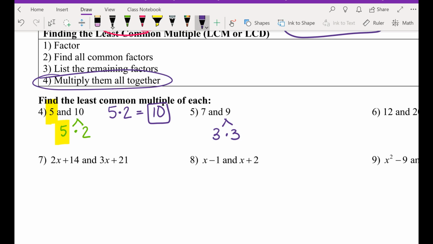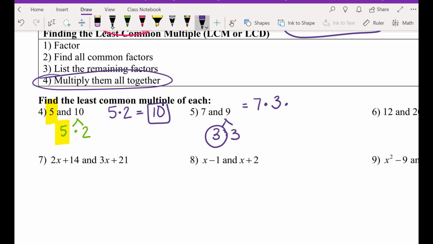When I find the least common multiple, what would you take? Is 7 in both sets? No, you take it. Times. Okay, this is the next prime number, right guys? Is 3 in both sets? No, it's only 9. So you take it.